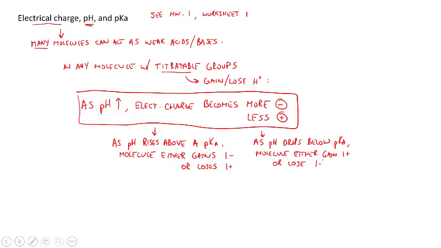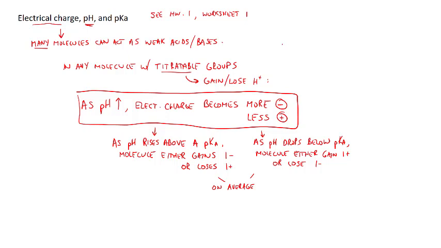Now, there's an important thing to understand here. We are talking about on average. It's not as if every single molecule of PNP is neutral at pH 7.7999, and when you raise the pH up to 7.8001, every single molecule is negative. It doesn't work that way. We're talking about populations here.